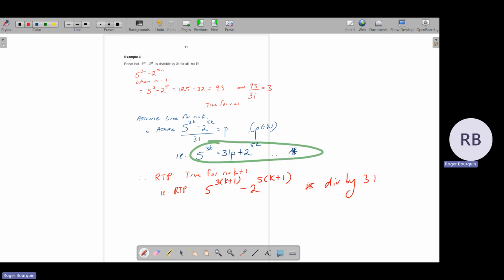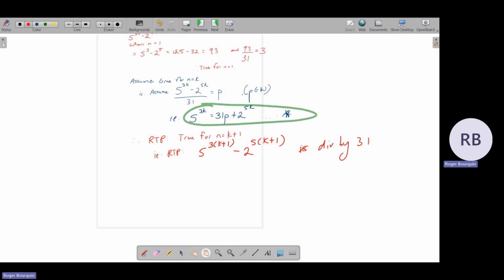So what do we have to do? Somehow we have to force 5 to the 3k into that term. Okay, so Milos, tell me. Okay, so you can skip the step, I'm doing it.